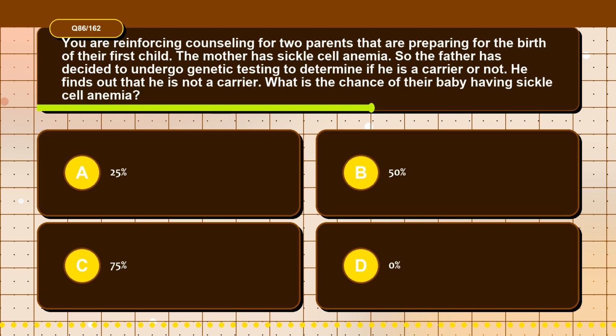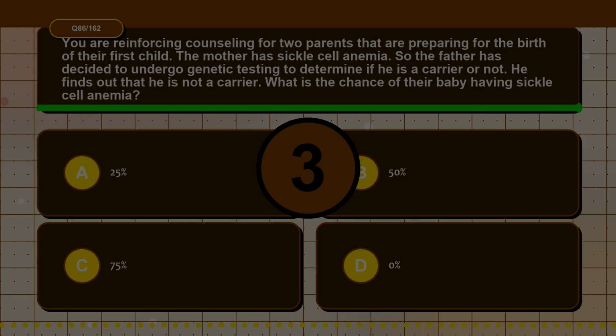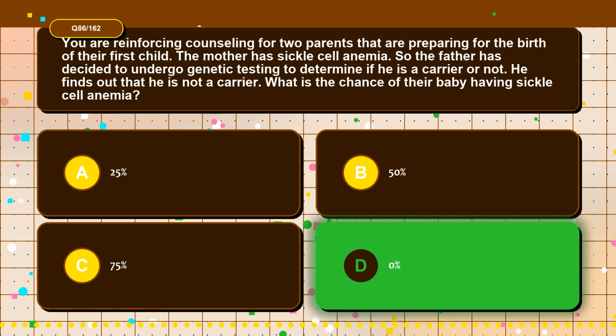Here are the options. Option A. 25%. Option B. 50%. Option C. 75%. Option D. 0%. The correct answer is option D.